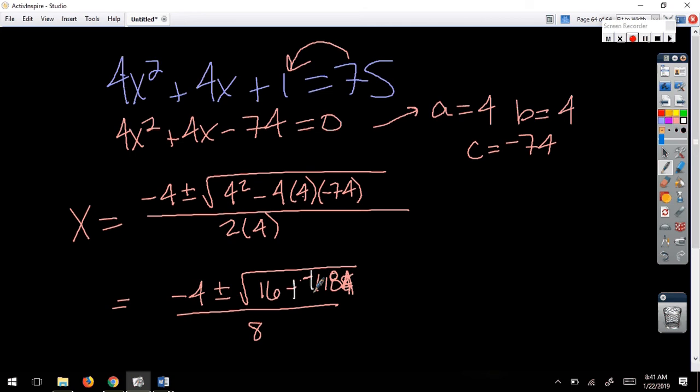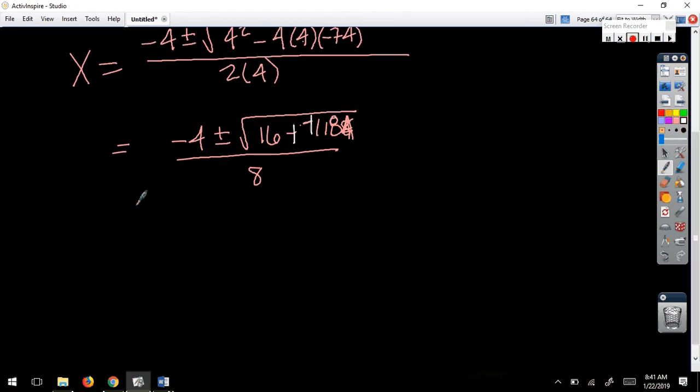Now it's minus a negative, which would give me a positive. So negative 4 plus or minus the square root of, what is 16 plus 1,184?